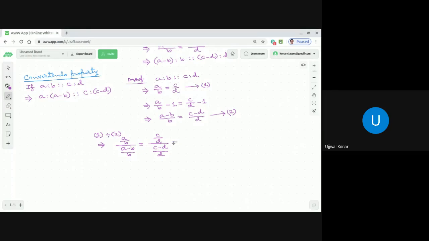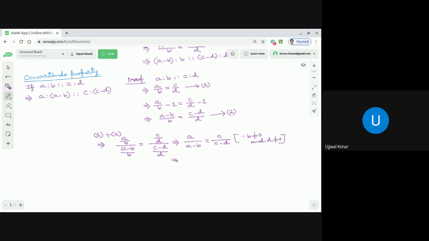So this implies A by A minus B is equal to C by C minus D. Since B is not equal to 0 and D is not equal to 0, only then are we able to divide.